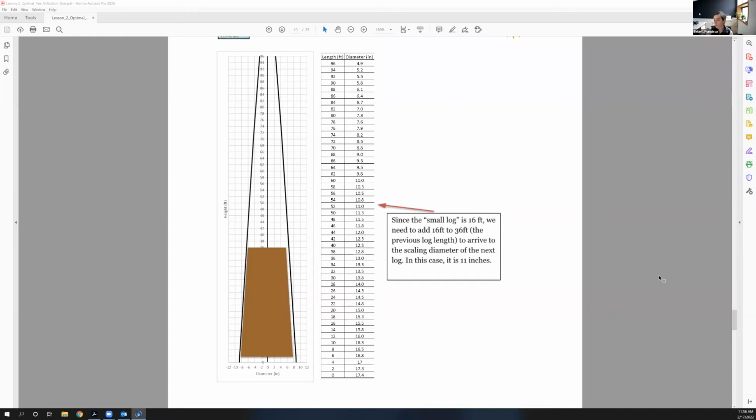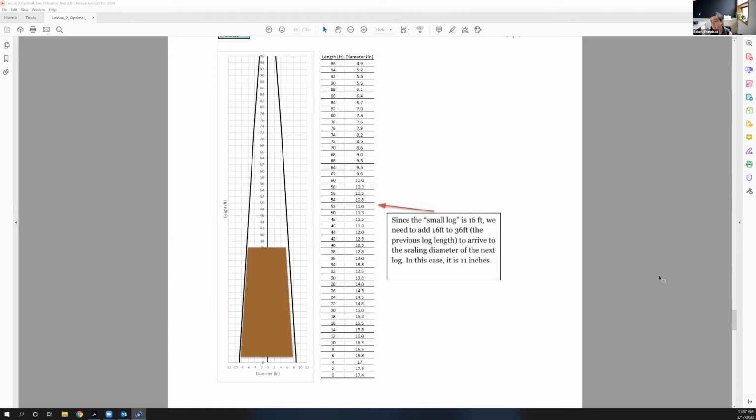So we try and fit a second small log on top of the large log. And because our large log ends at 36 feet, we add 16 feet to see where our second log will end within the tree. So we add 16 feet to the 36 feet, and that takes us to 52 feet.